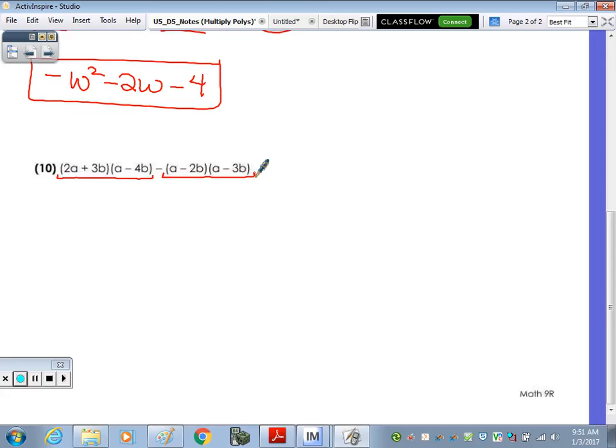Let's have the left side of the room do this product. Then we're going to take your answer and subtract it, and you guys on the right are going to do that product. So get the answers, and then we'll take the answers and subtract them. You have to multiply first, we'll share the work, and then we'll subtract to finish.